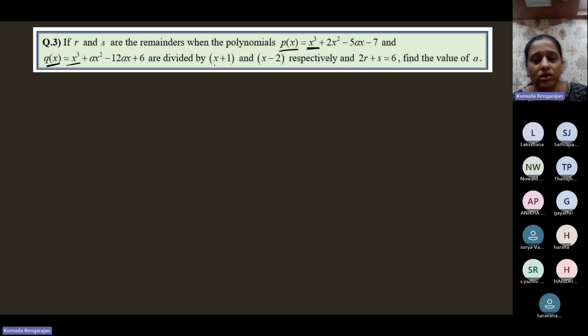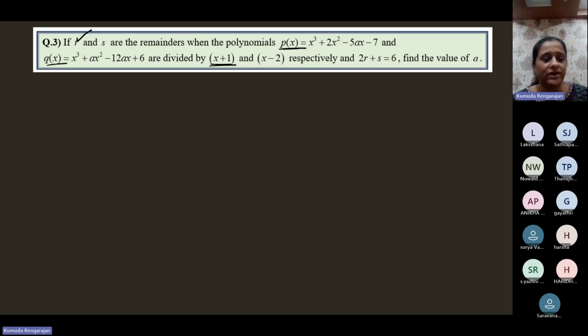We have two more linear polynomials given to us. It's given that when P of x is divided by x plus 1, the remainder is r.